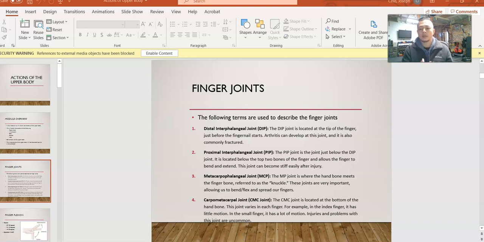Carpometacarpal joint is where the hand meets your finger, okay?